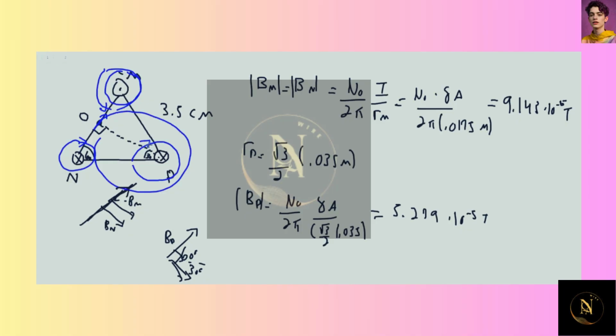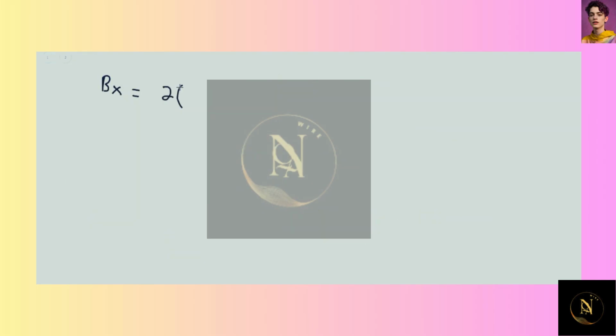Let's give ourselves a little more space to work with here. The x component is going to be, well, we'll say 2 because we have 2 identical fields for BM and BN. So 2 times this magnitude, and then it looks like the cosine of 30 degrees. So we'll have 2 times, I'll just call this BM, and then cosine of 30.